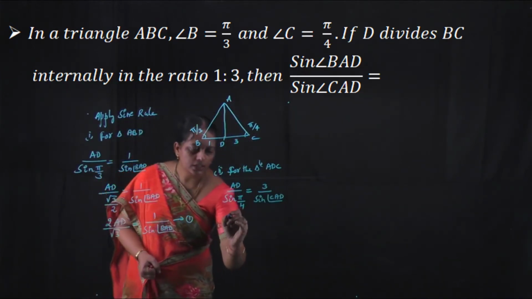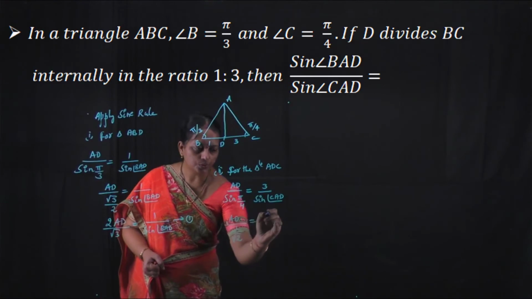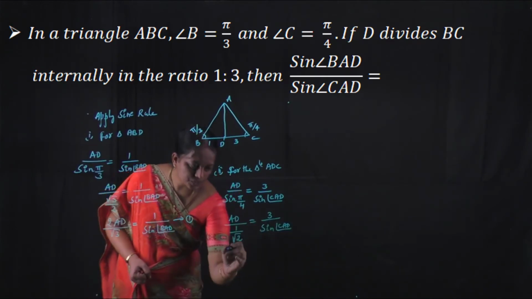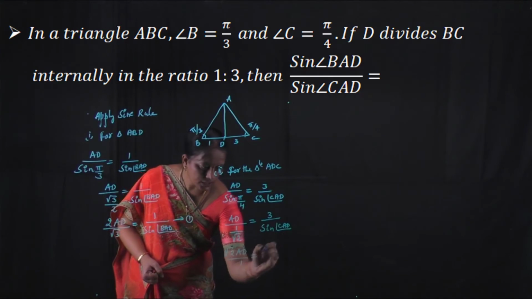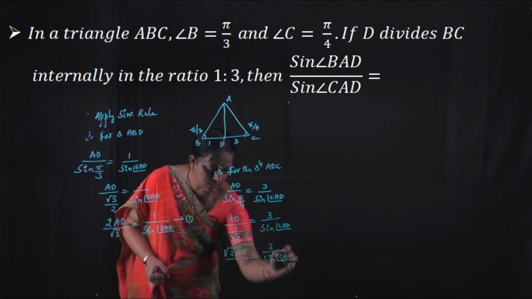Then substitute the value of sine 45, that is 1 by root 2. AD by 1 by root 2 is equal to 3 by sine of angle CAD. From this we can write root 2 AD by 1 is equal to 3 by sine of angle CAD.